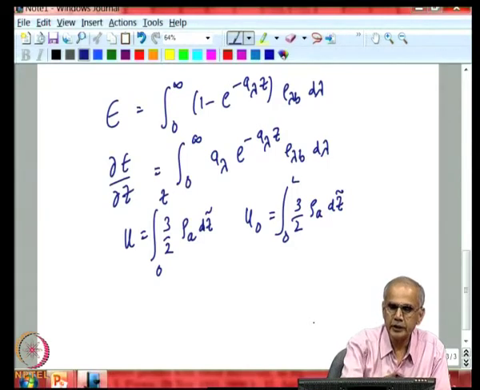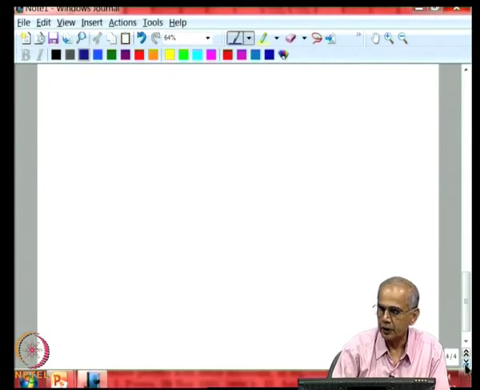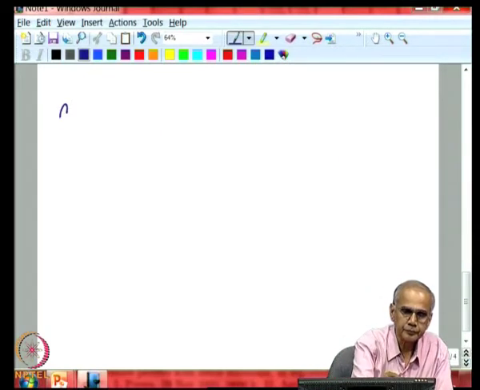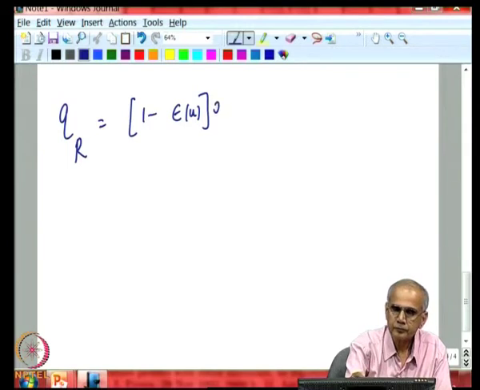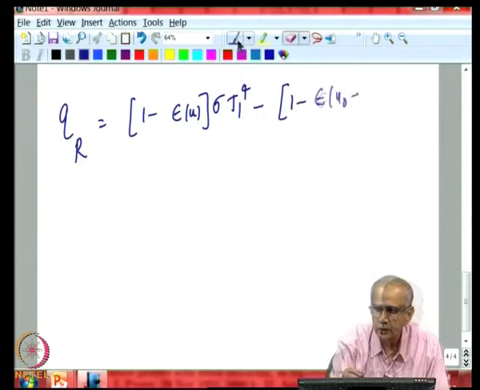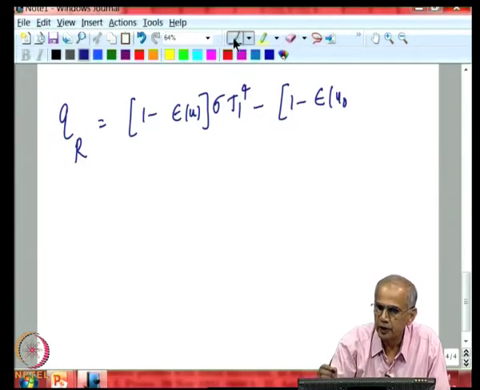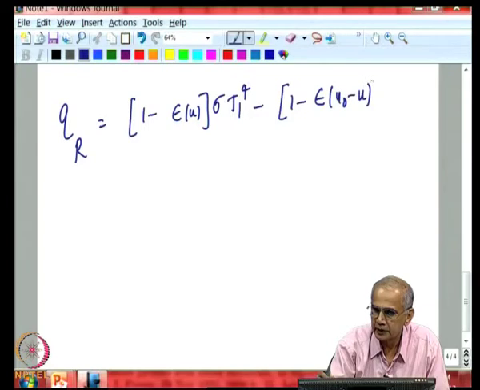Now, using this definition of emissivity and the derivative of the emissivity with respect to path length, the total path length, we can rewrite the original equation as follows. Notice that the argument in these functions is the distance over which the photon has to travel for reaching a certain level.